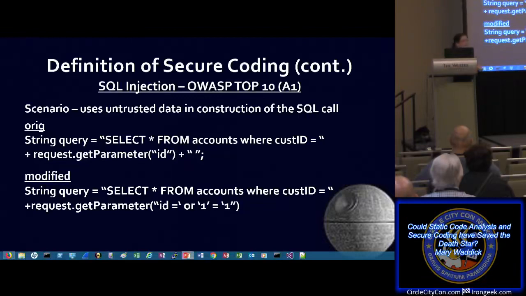If you just modify the SQL ID to say or 1 equals 1, you'll actually get all of the data for every single ID, every single column, every single table, everything in the database. Very simple change. One command. That's what a SQL injection is.